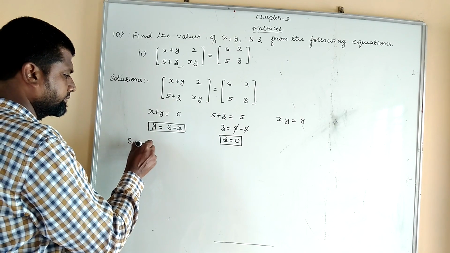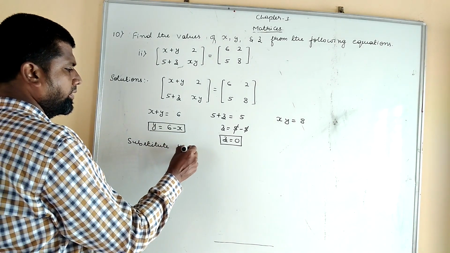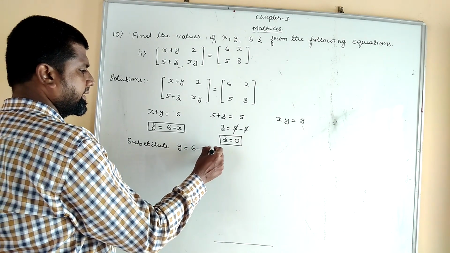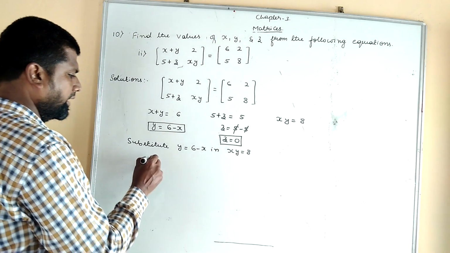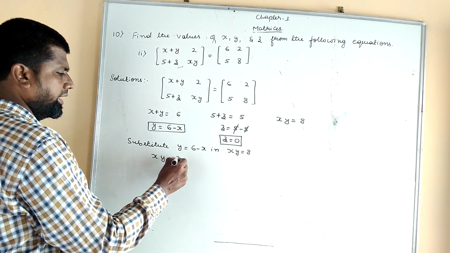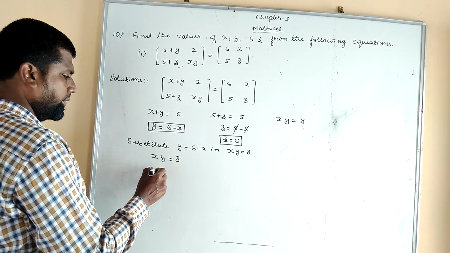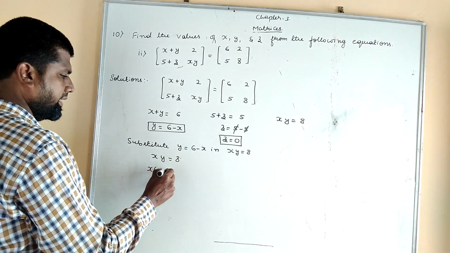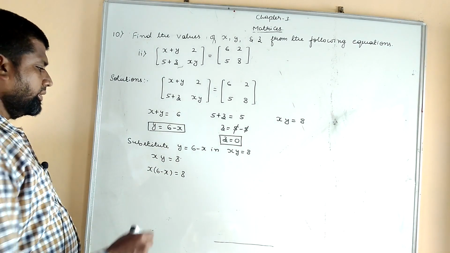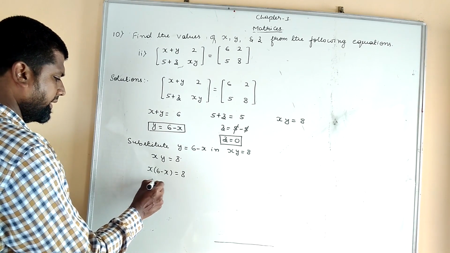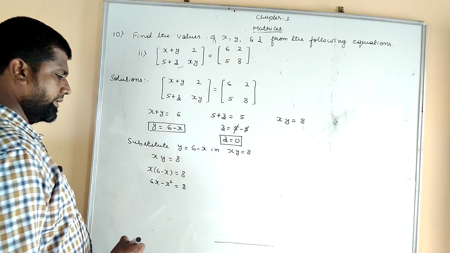Substitute y is equal to 6 minus x in xy is equal to 8. So xy is equal to 8. In the place of y, if you put the value of y as 6 minus x, that is equal to 8. So if you multiply x, 6x minus x square is equal to 8.